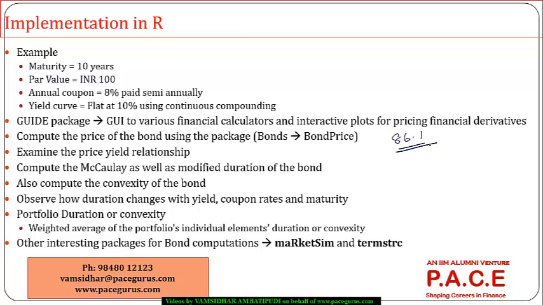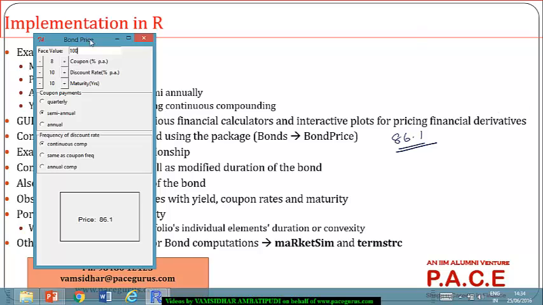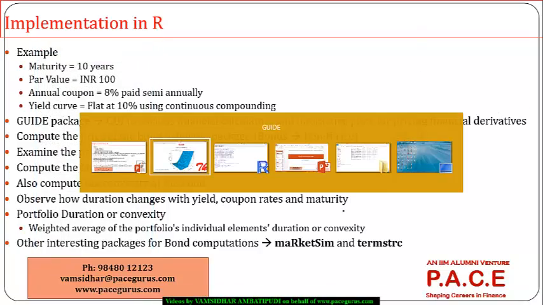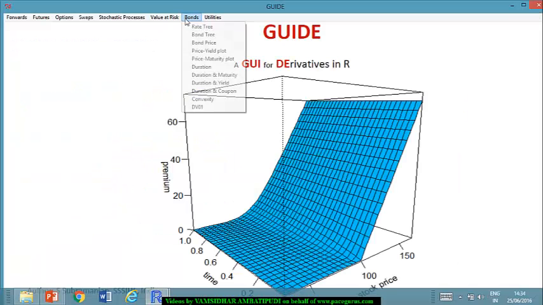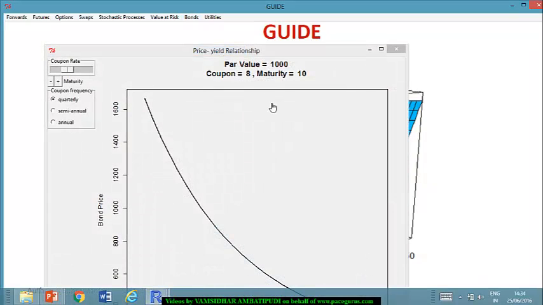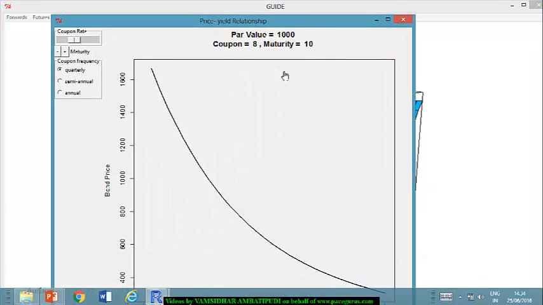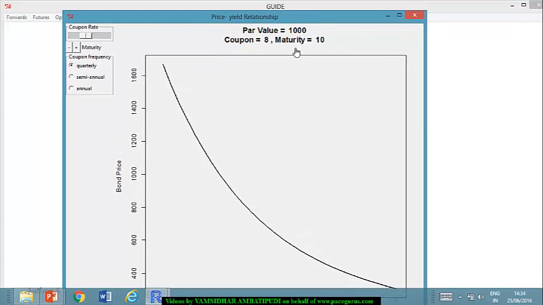Now I want to look at the relationship between price and yield. So let me see the relationship between price and yield for it. So I'll go to the bond price and yield plot. You could see for this kind of a bond which is having a coupon of 8 and maturity of 10, this is the kind of price yield relationship.